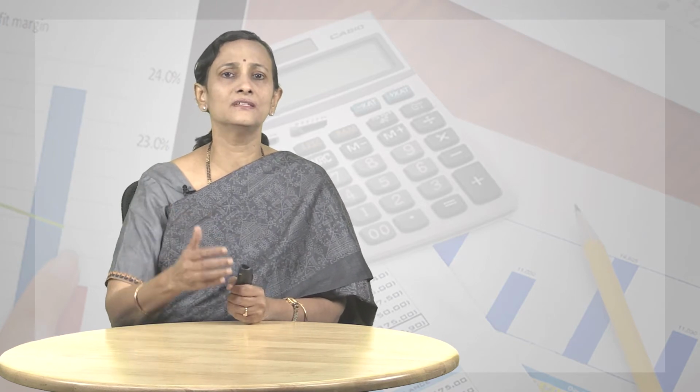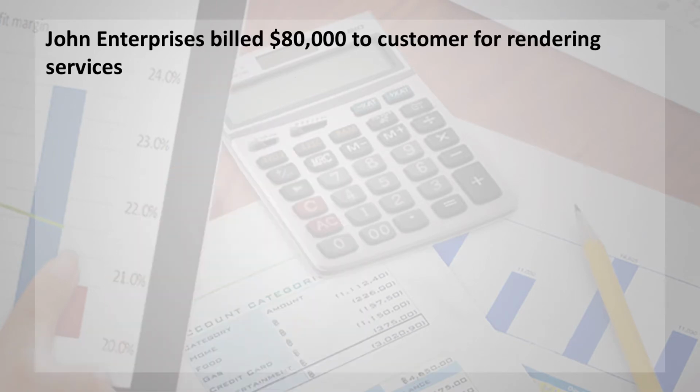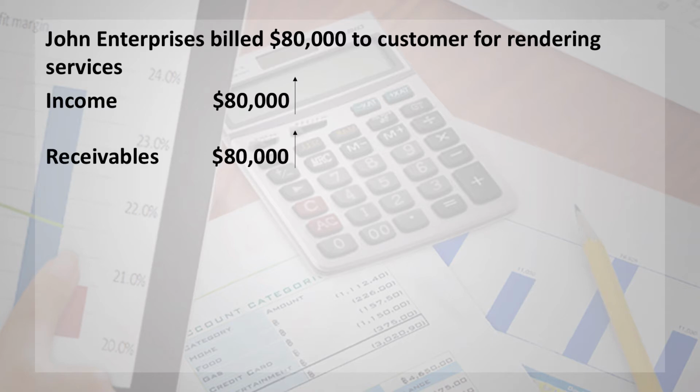Let us continue this example further. Let's say John Enterprise now renders some services and the customer is billed for $80,000. What are the accounts that get affected? Here, income goes up by $80,000, and since the customer has not yet paid, we record receivables of $80,000.